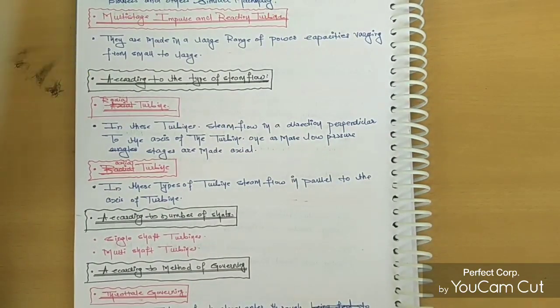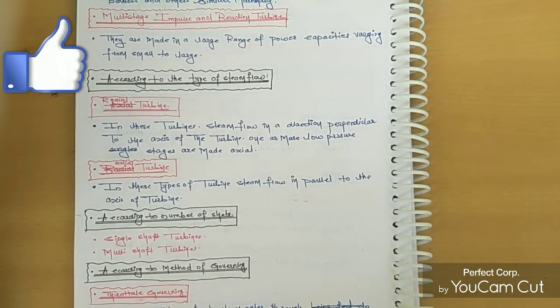According to this, the turbines are categorized as seen here. The first is throttle governing. Throttle governing means a throttle valve is mounted in the turbine assembly.